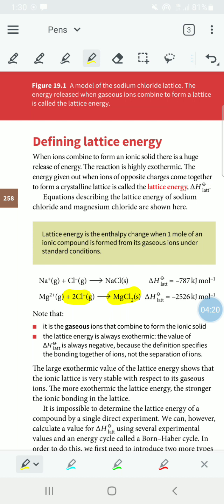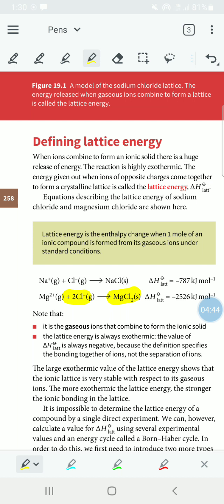Why? Because energy has been released. I hope you understood that. That is quite important. It is the gaseous ions that combine to form the ionic solid. That is one thing you must remember in the definition. The lattice energy is always exothermic.